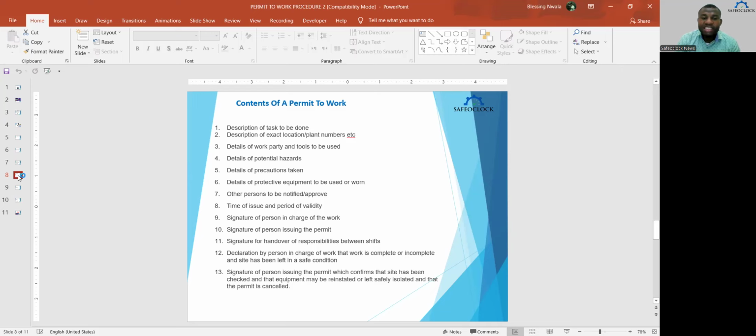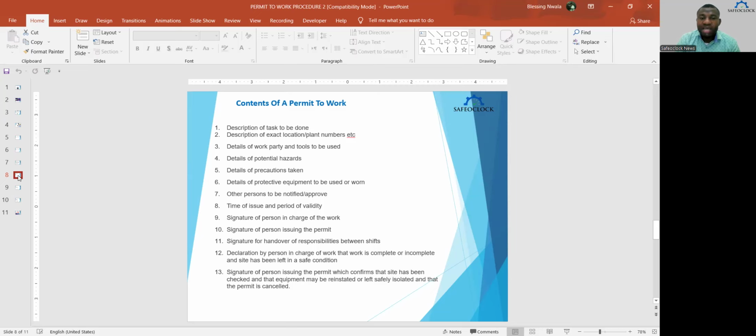Then the time duration. Most permits have a time duration. Some are not permitted to last more than a shift. Some could be extended after a shift. So the time duration for that job is also indicated in every permit.